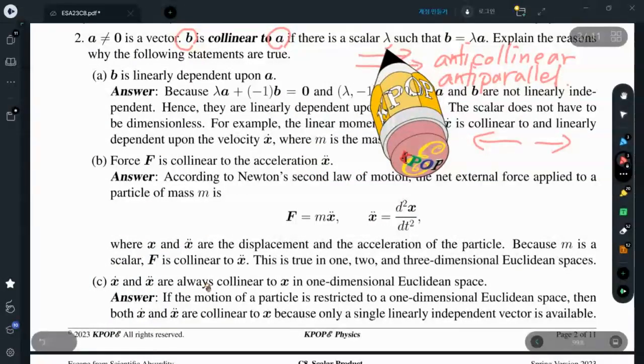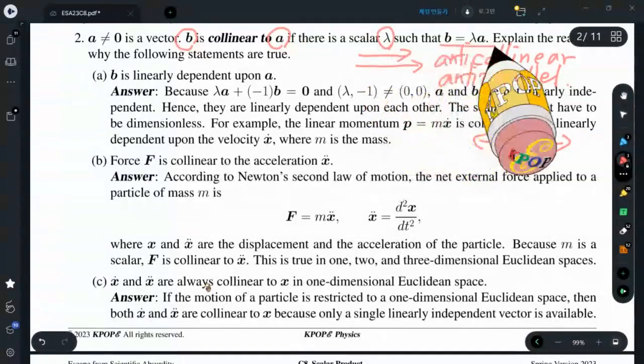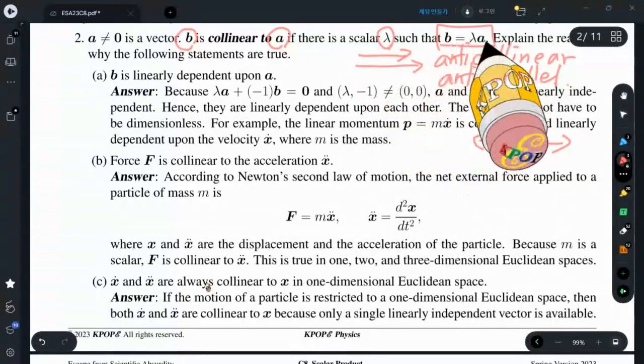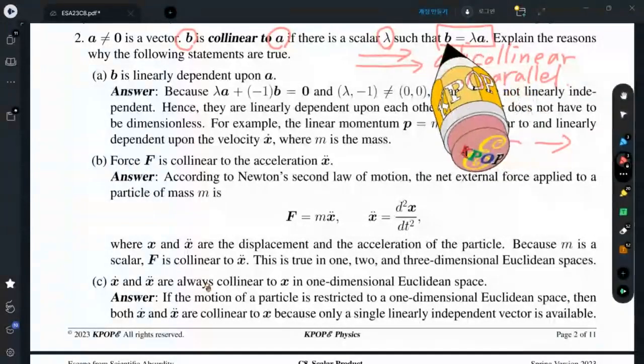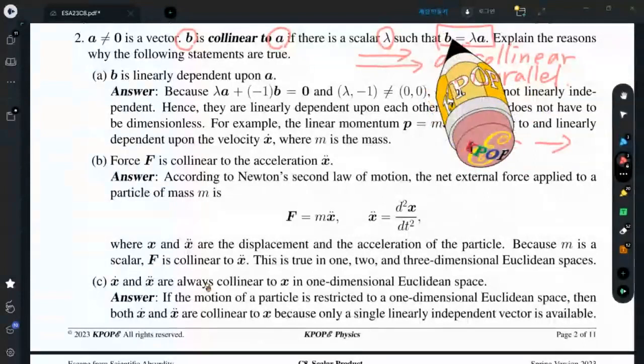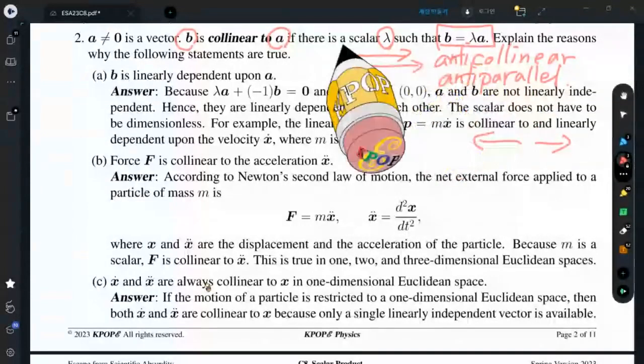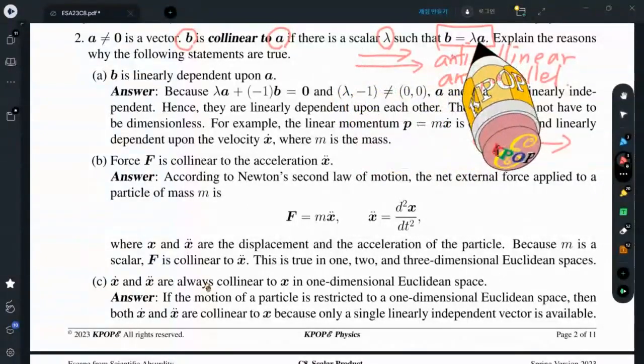If there is a scalar lambda such that vector A is lambda times B, so they are just scalar multiples, then we say they are linearly dependent upon each other.